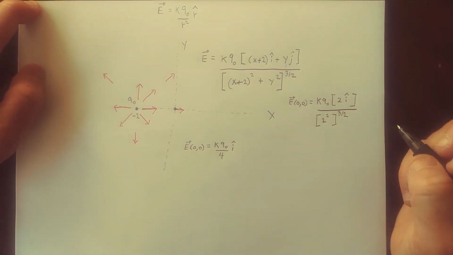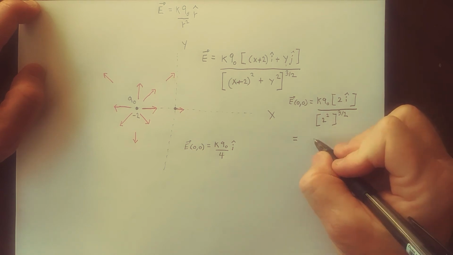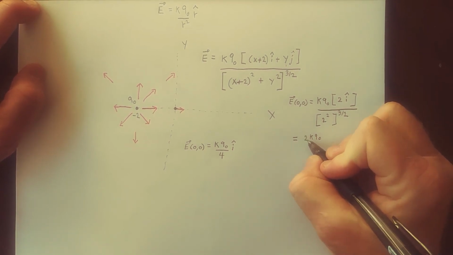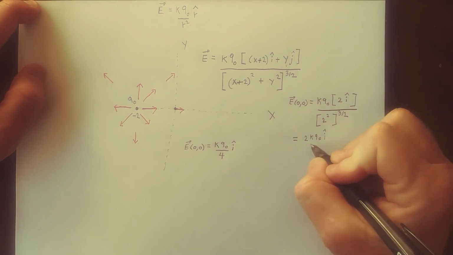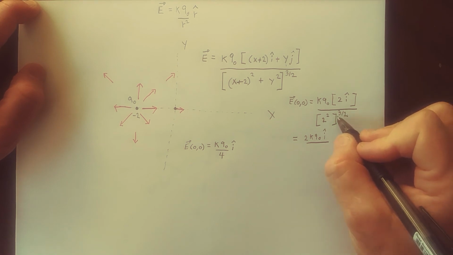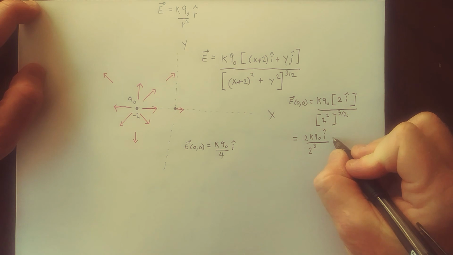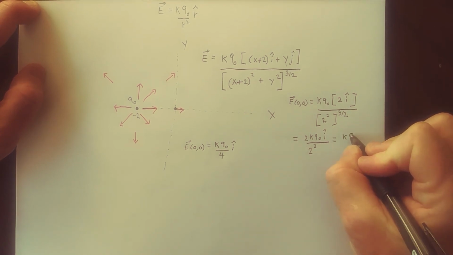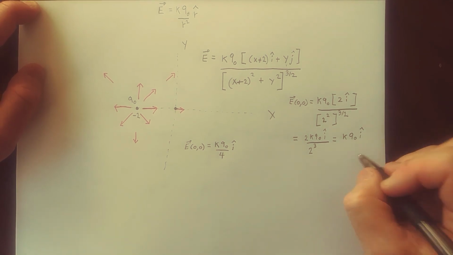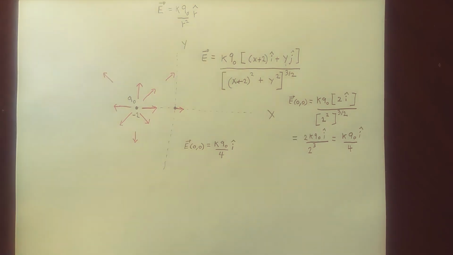Okay, so what does that look like? Well, it's K q naught times 2 i hat in the numerator over 2 squared to the 3 halves, which is the same thing as 2 cubed. Right, so that gives us K q naught i hat over 4, because it's just 2 squared. And so the two expressions match.